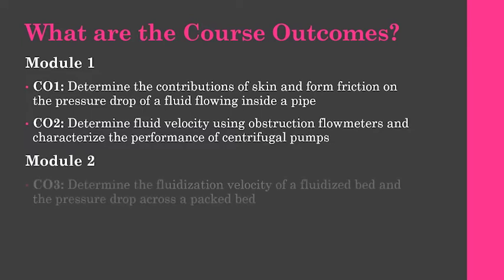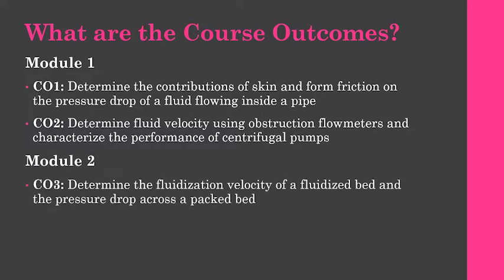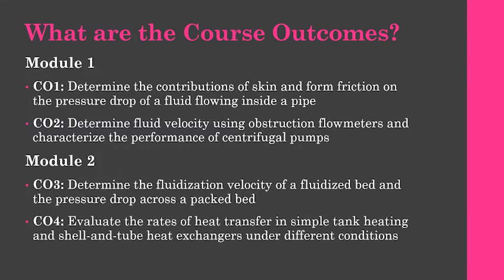For module 2, course outcome 3, determine the fluidization velocity of a fluidized bed and the pressure drop across a packed bed. And finally, course outcome 4, evaluate the rates of heat transfer in simple tank heating and shell and tube heat exchangers under different conditions. These are the outcomes that we are expecting you to be able to demonstrate at the end of this course.